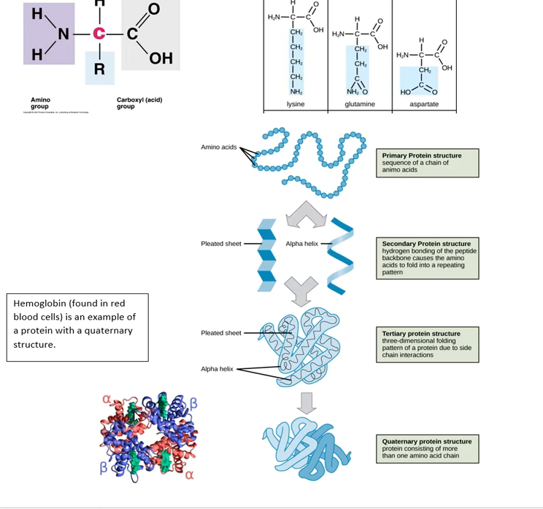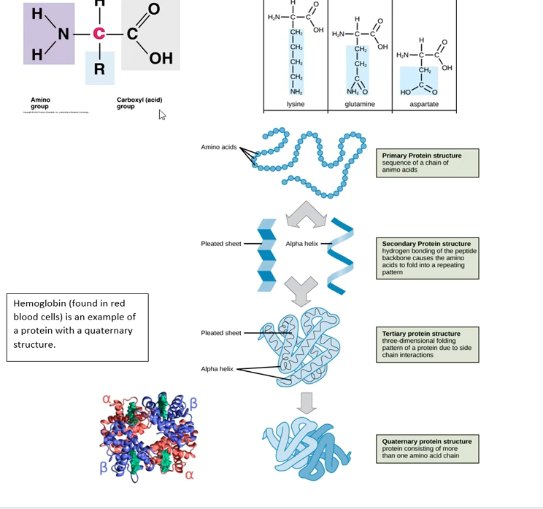The heme group is the iron-containing portion of the pigment where oxygen will actually bind to. And so within a red blood cell, there will be millions of molecules of hemoglobin, each one of them capable of binding to 1, 2, 3, 4 molecules of oxygen.